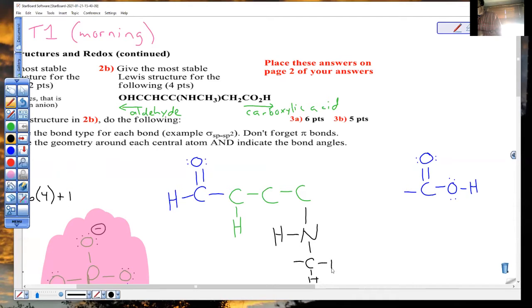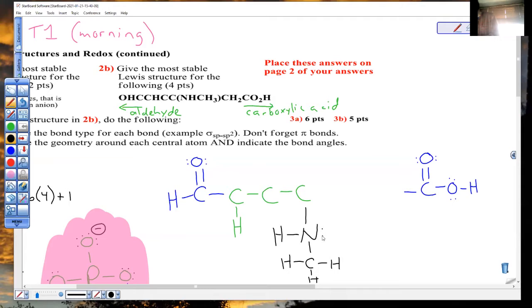The parentheses means it's sticking off of the green chain. And don't forget, this is a Lewis question. So nitrogen's nature to get a full octet is to have 3 bonds and a lone pair.